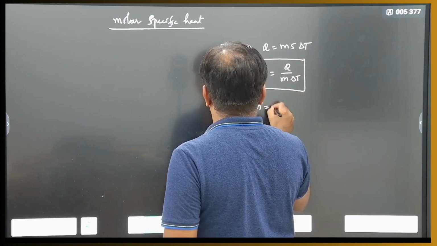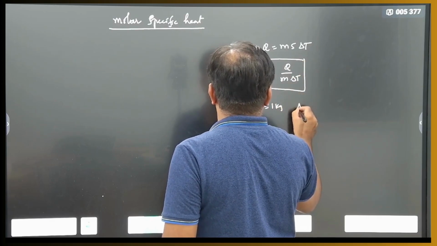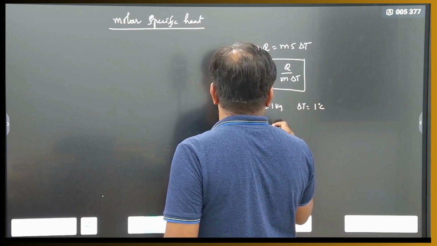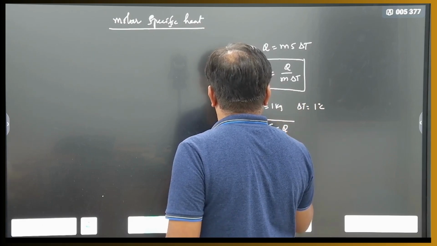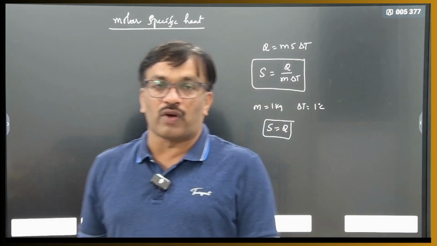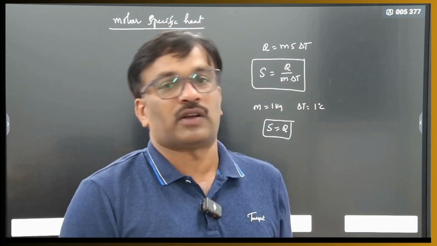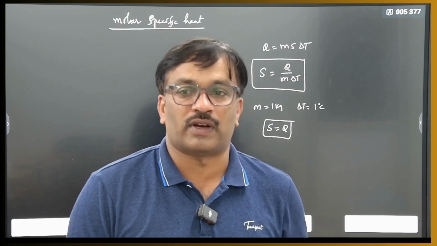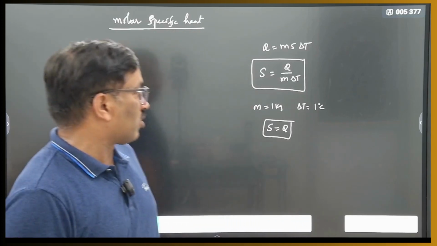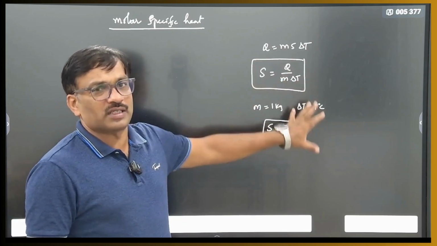For a unit mass of the substance, 1 kg per 1 degree raise in temperature. So specific heat is nothing but the amount of heat energy required for unit mass of the substance to raise 1 degree in temperature.